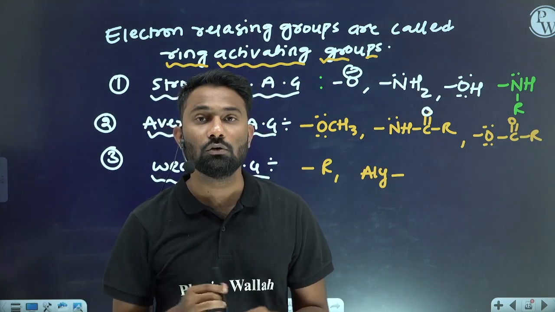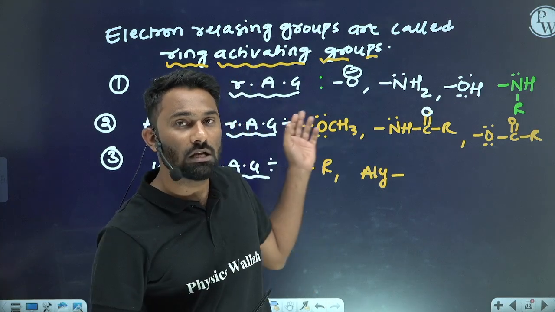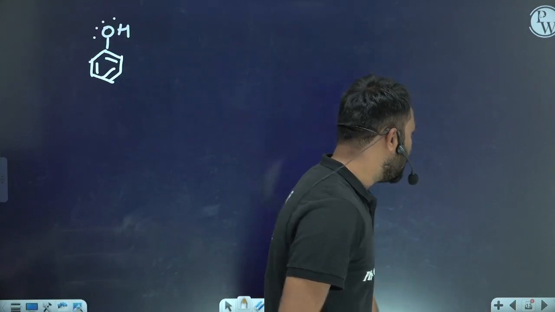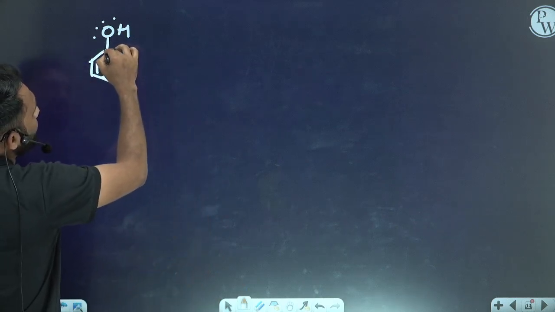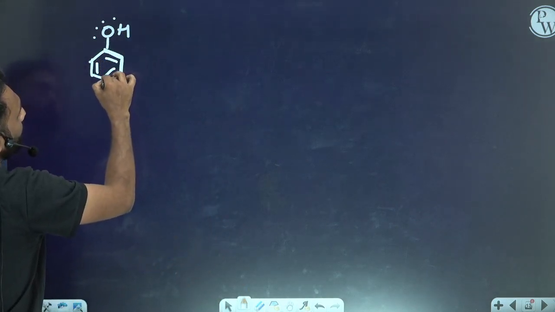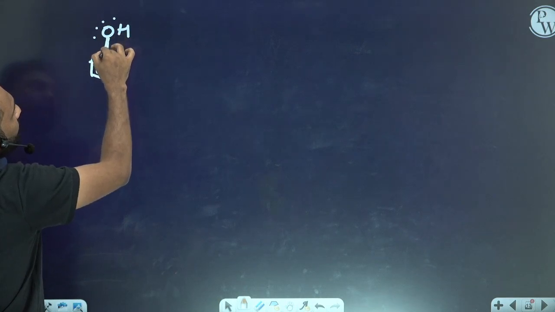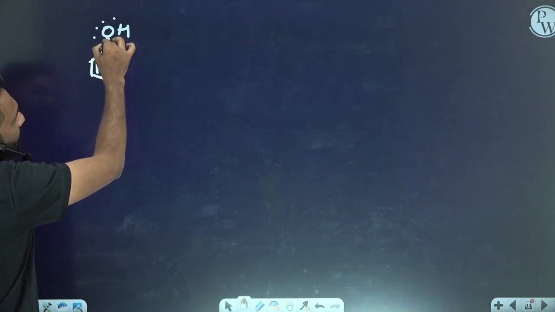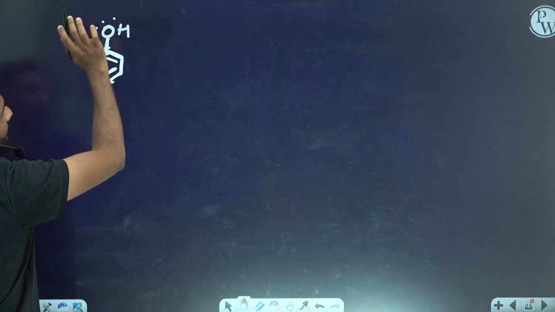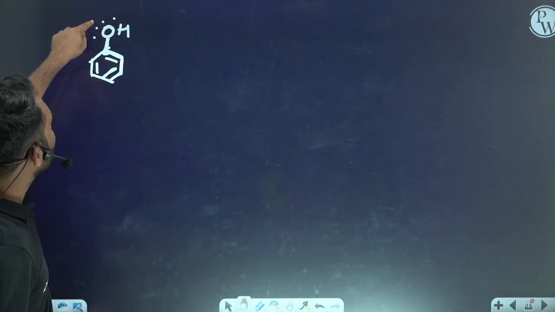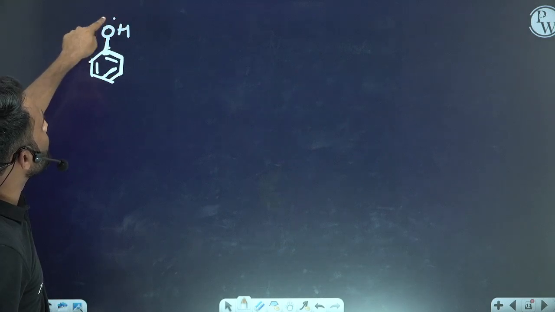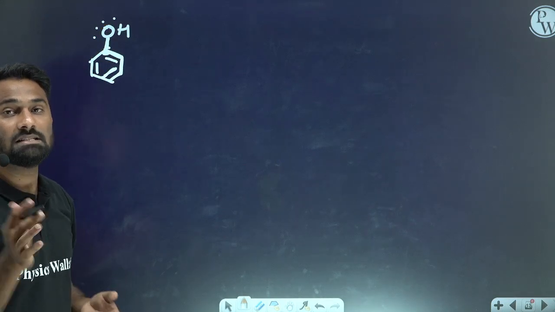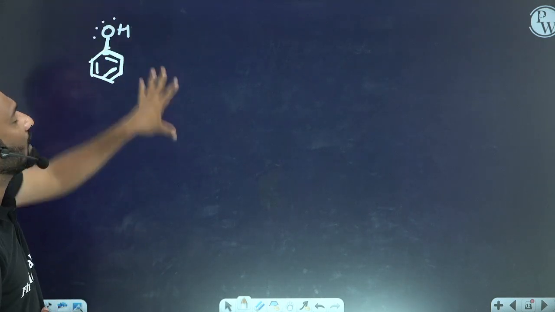Now, how to identify electron releasing groups: this is the benzene carbon, and the attached atom or compound or anything, if it is having a lone pair of electrons, that we call a plus M effect, that is called a plus M group or electron releasing group.